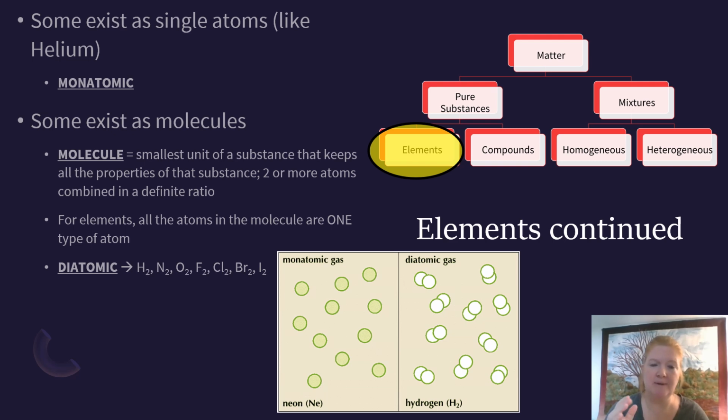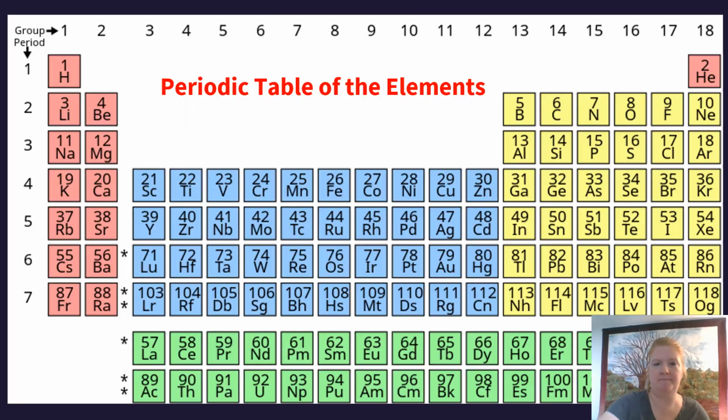So the diatomic gases are hydrogen, nitrogen, oxygen, and then the halogens, group 17 on the periodic table, fluorine, chlorine, bromine, iodine. Those are diatomic. So for it to be an element, it doesn't have to be single atoms as a group. It can be bonded atoms, but all of the atoms that are bonded, no matter what, have to be the same element.